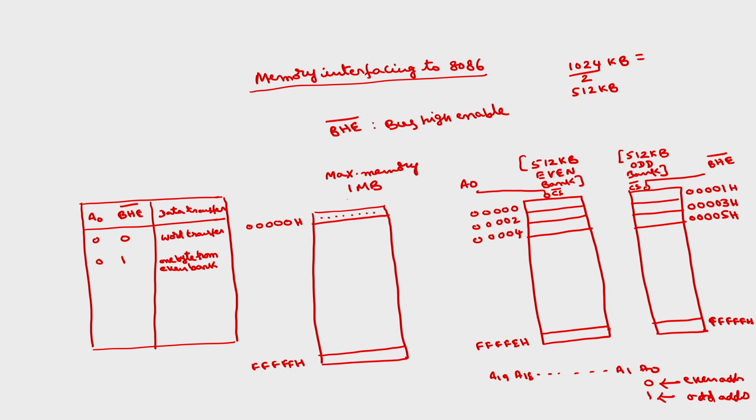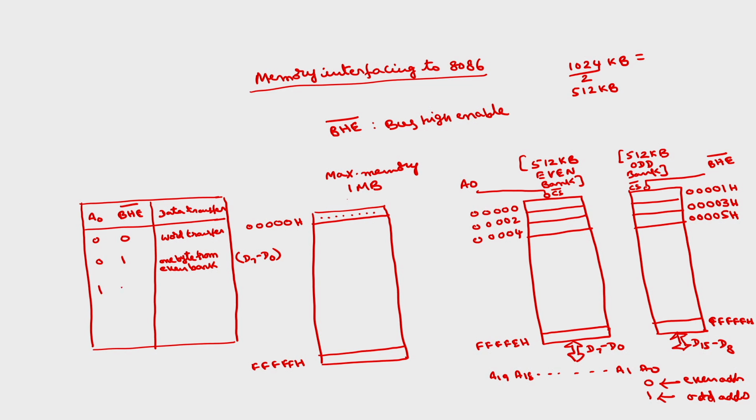The even bank will give the data bits D7 to D0, and the odd bank would give data as D15 to D8. The byte will be available on the data lines D7 to D0, if A0 is 0 and BHE bar is 1.